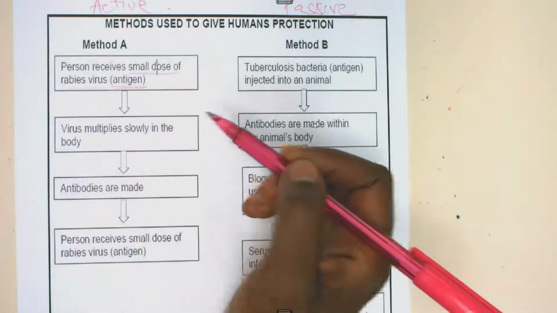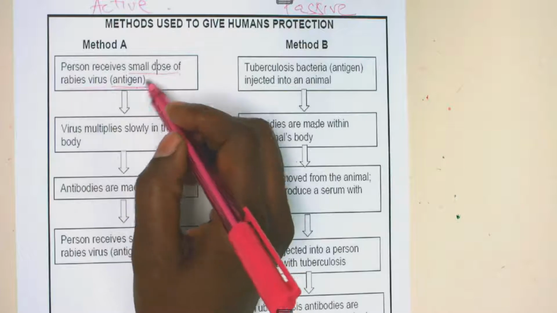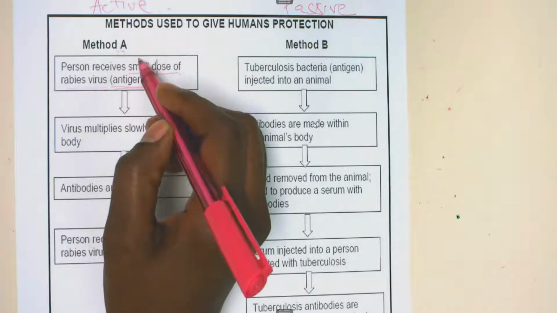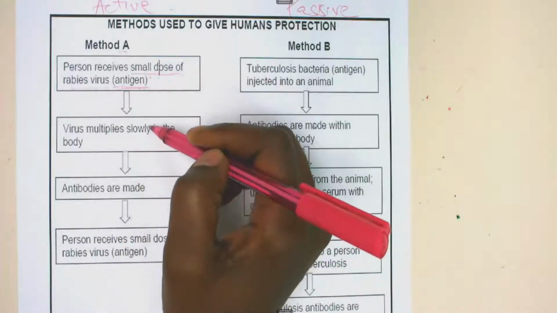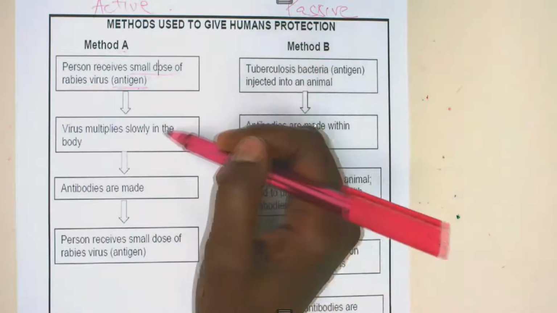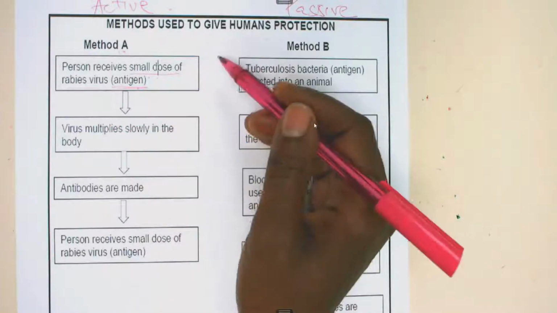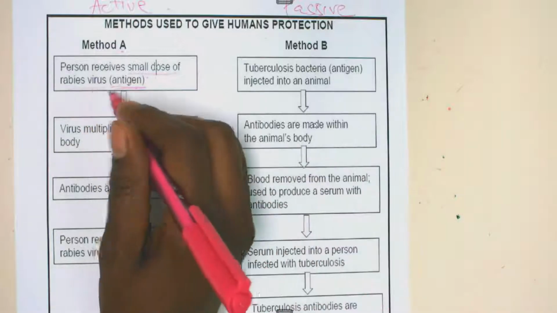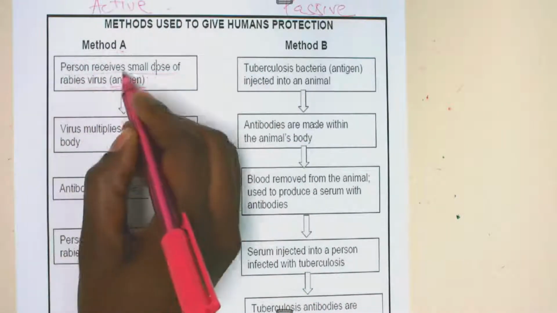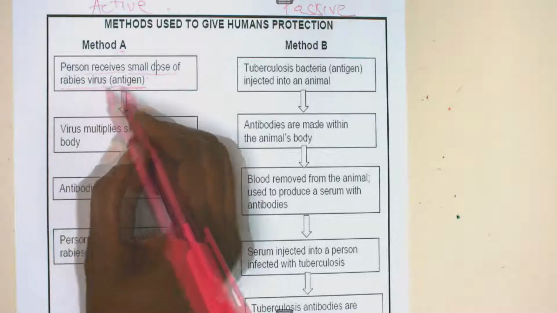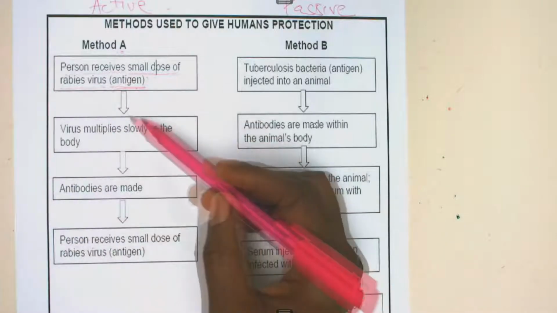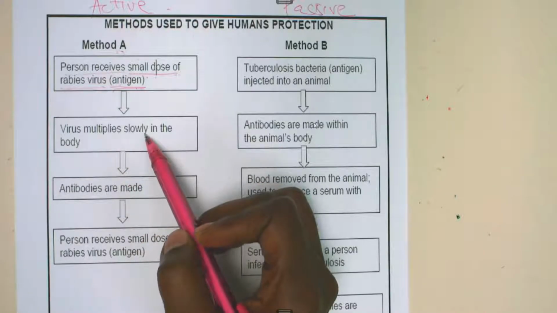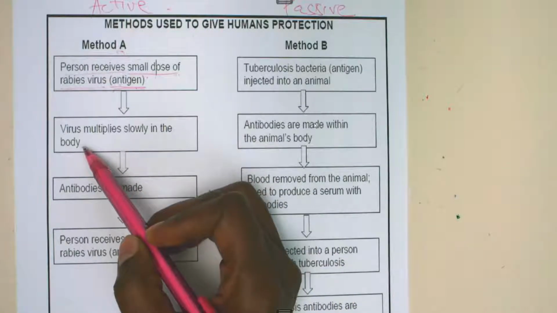All right. You still have to remember that with this method of active immunity, we are preventing the pathogens from entering. The person is not yet being infected with the microorganism or rabies. So this person will receive a small dose of rabies virus or antigen, and then the virus will multiply slowly in the body of this person.